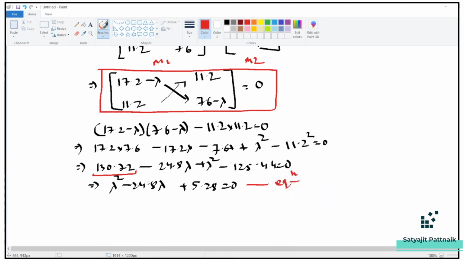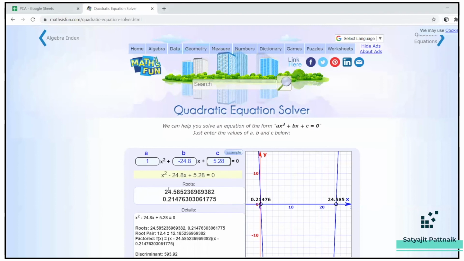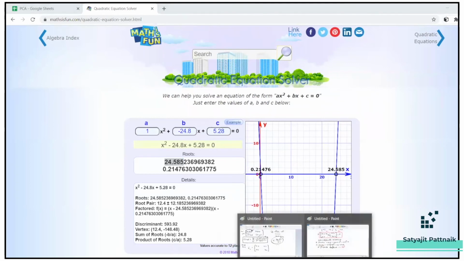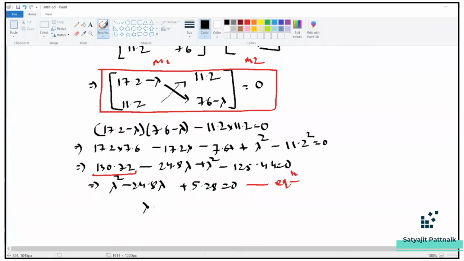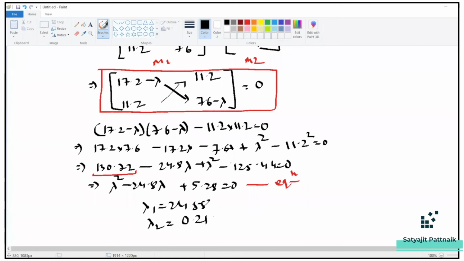But you just try to understand the steps. How do we find the values of lambda? That's more important. So here we get the two values: lambda 1 equals 24.58 and lambda 2 equals 0.21. These are my two lambda values.